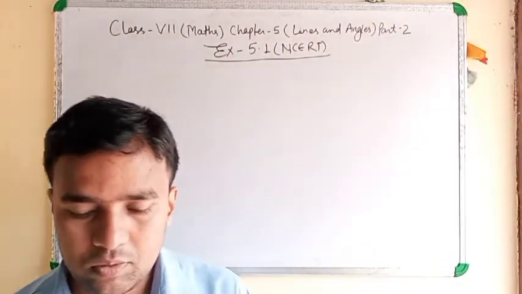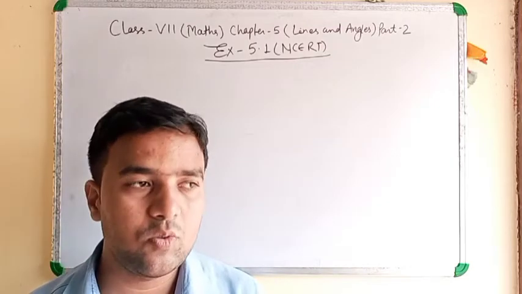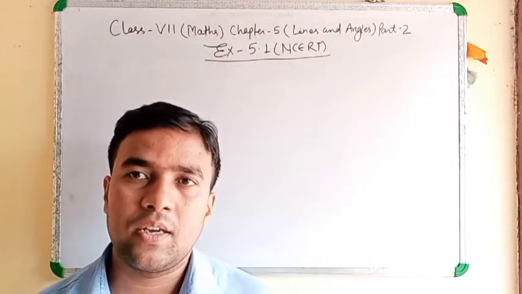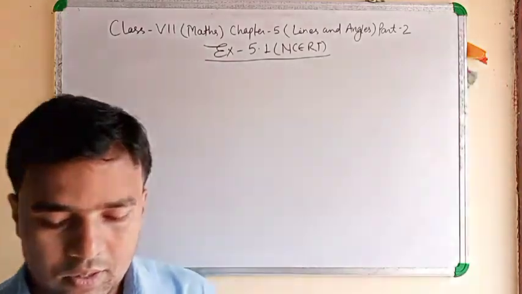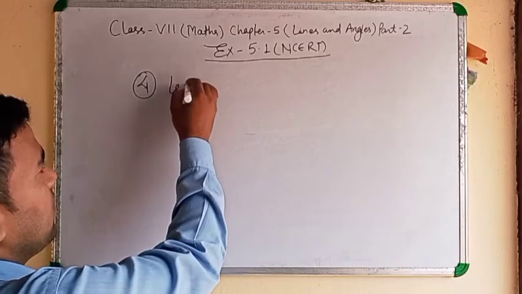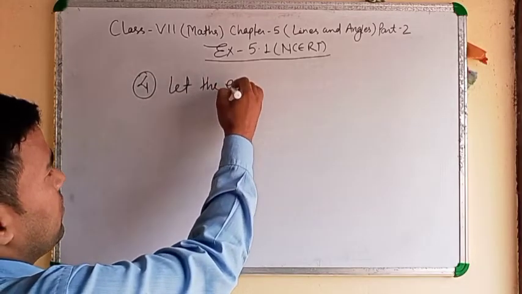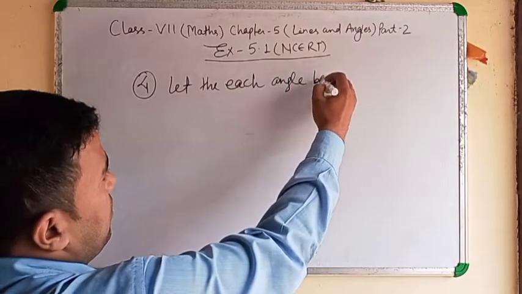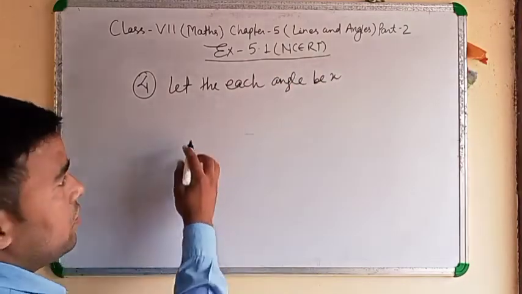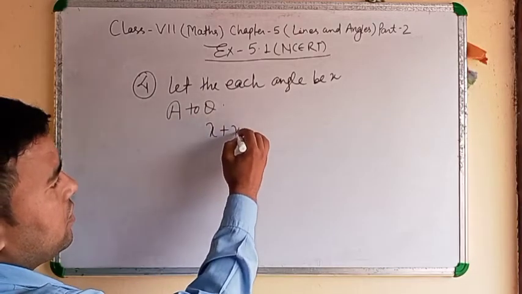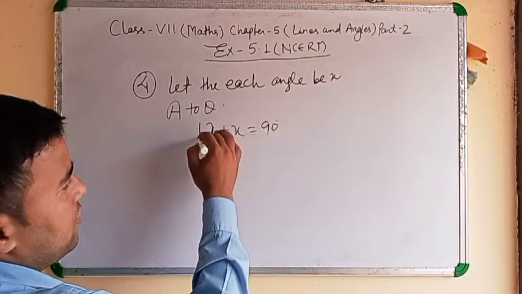Question number 4. Find the angle which is equal to its complement. Means find the angle that is its complement. The angle we don't know. Let each angle be x. According to the question, x plus x equal to 90.